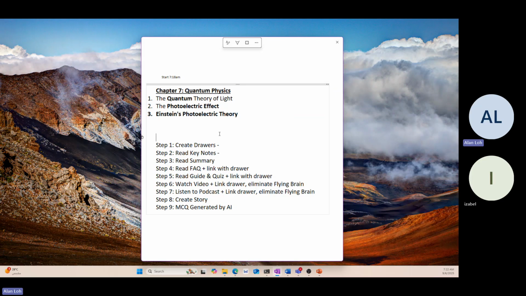Right. Second technique, to make sure that these three drawers, at least the name of it, the Einstein, the electricity, the photoelectric, and also the quantum theory of light, stick in your brain. So let's do the sticker technique for visualization. Now let's strengthen this with the sticker method. Imagine three drawers in front of you: left, middle, and right.